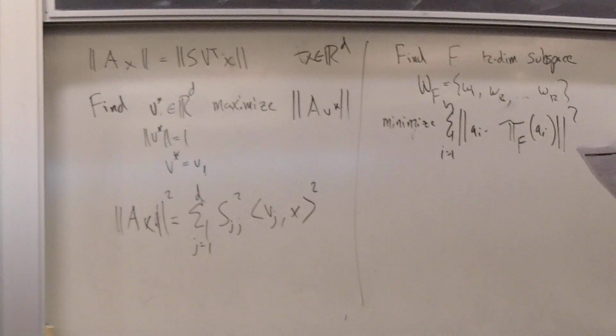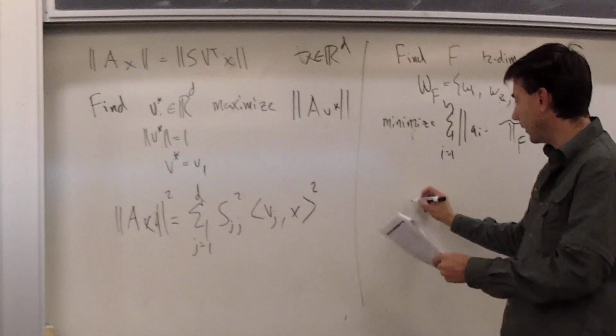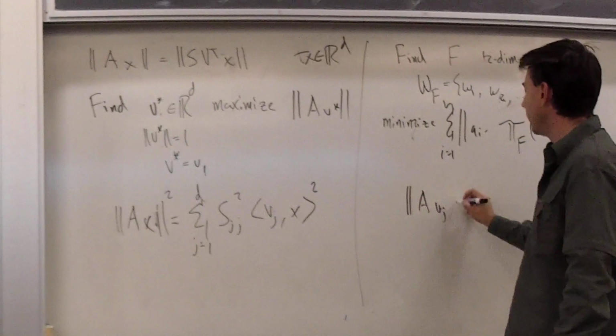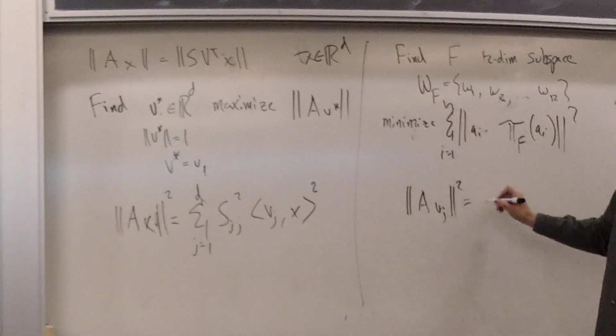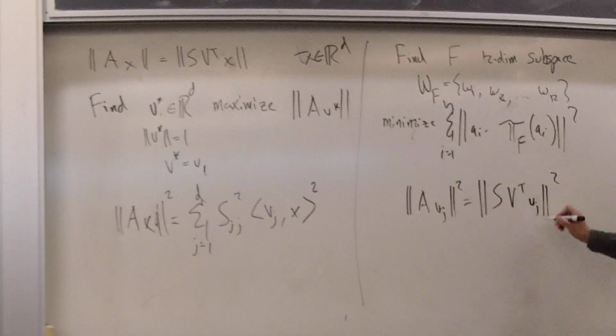Okay, and I'm going to use the property that if I do A times Vj squared, this is, remember, equal to S V transpose V squared.